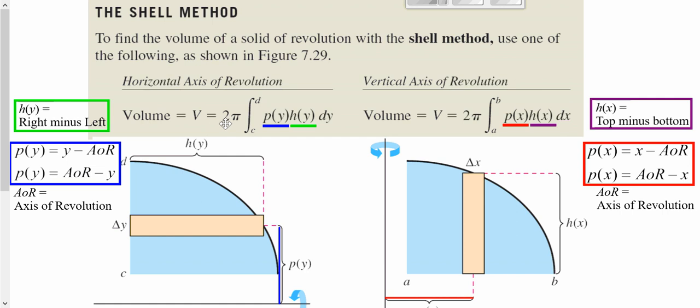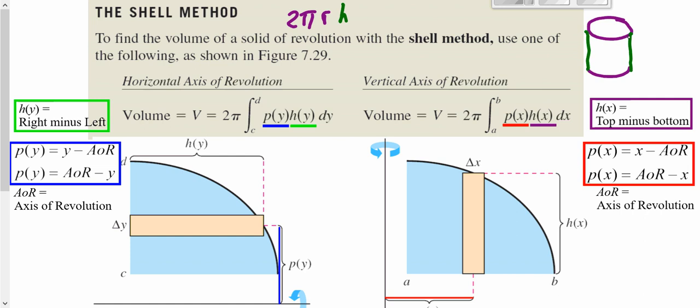Remember that we are dealing with the volume of a shell or a cylinder, which would be 2 pi times your height. Because if you look at a cylinder, your volume would be your height in green times this. If you unroll that, you end up with a rectangle where that purple circle on the top is really your length right here.